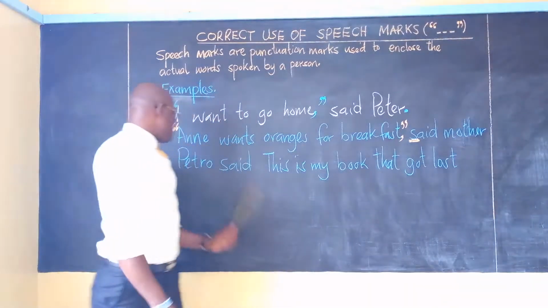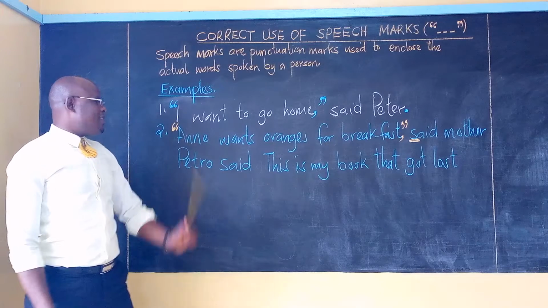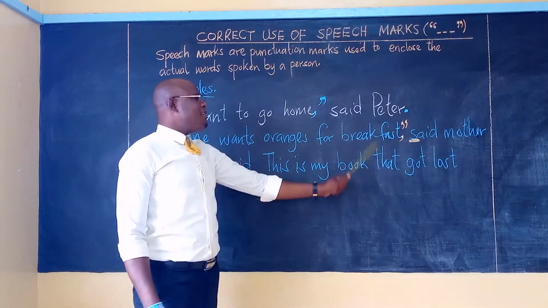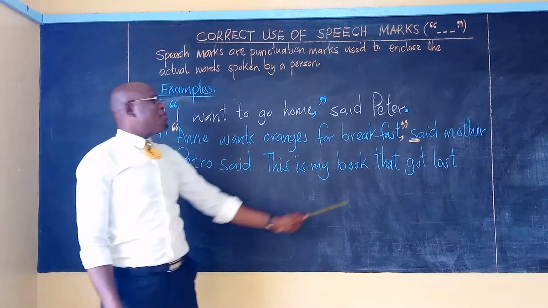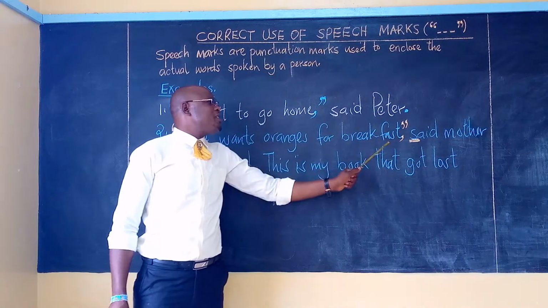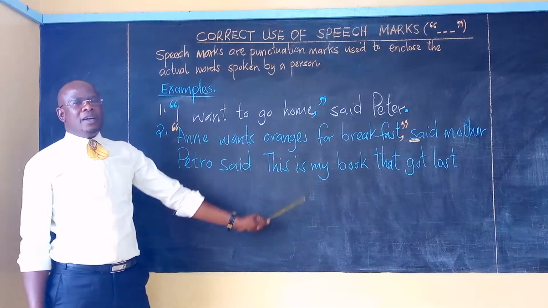Look at that sentence. Peter said, this is my book that got lost. Now, in this case, I have brought the person who said the words before the actual words.